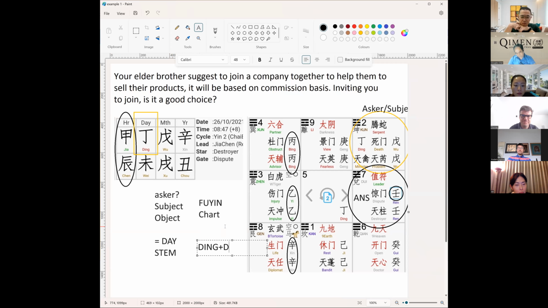That means in the answer only, if you see thing and thing, it overrides the Fu-Ying chart. That means this chart is a good chart. This is a very good chart. This is only one exception.